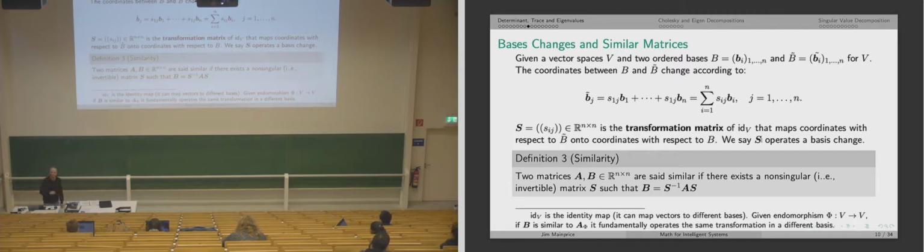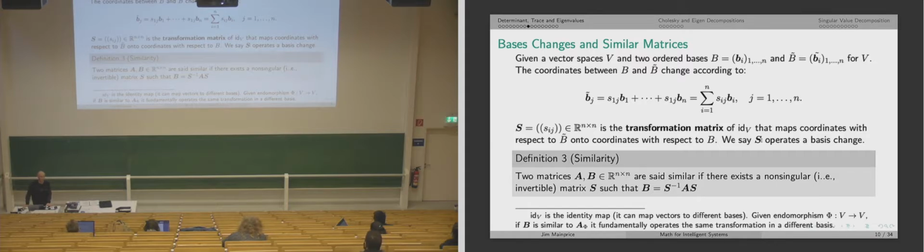I think I talked about this already, but two matrices here are said to be similar if there exists a non-singular matrix S with the following relationship.